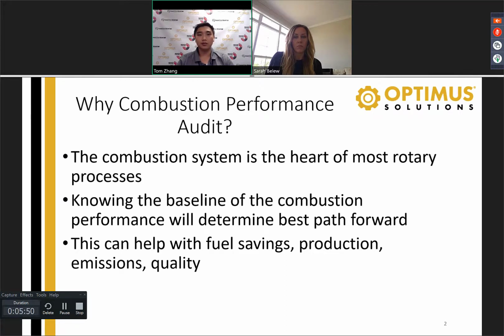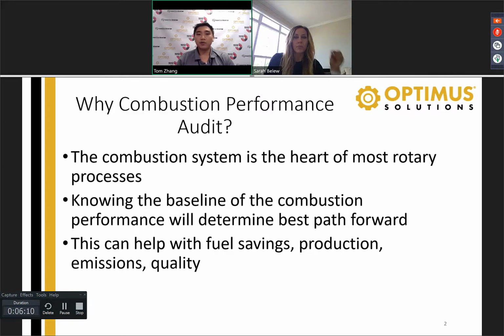You typically need to increase the temperature to do something chemically or to remove moisture. So the combustion system is typically the heart of most, if not all, rotary processes.